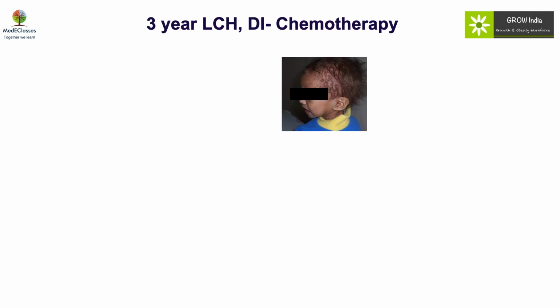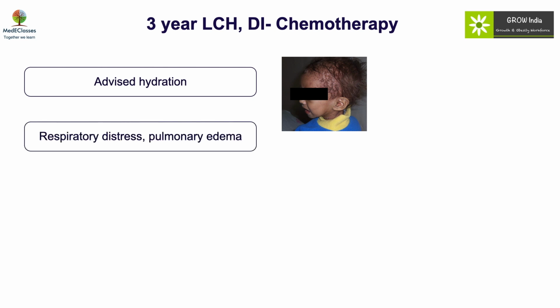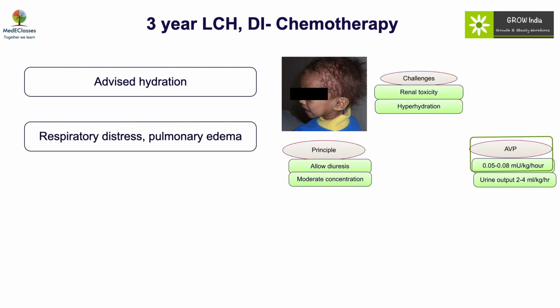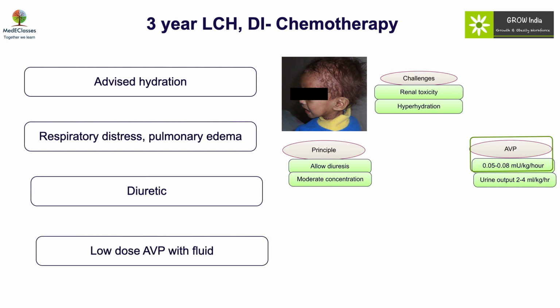The classic example of this is a 3-year-old child with LCH with DI on chemotherapy, advised hydration, who developed respiratory distress and pulmonary edema, and this of course is because AVP was already being given in this situation. So best would have been to avoid this. Now currently we have to give a diuretic, and then subsequently use low dose AVP with fluid, which will help in terms of the outcome.